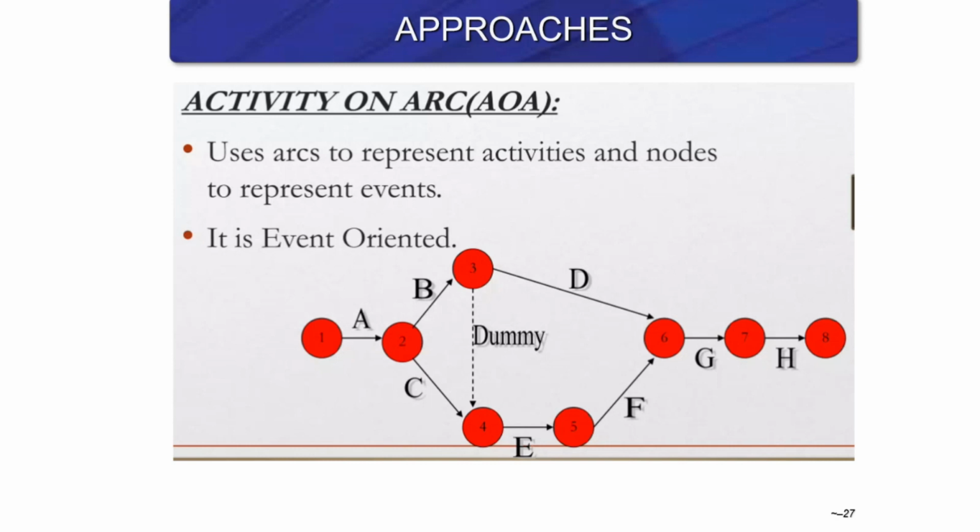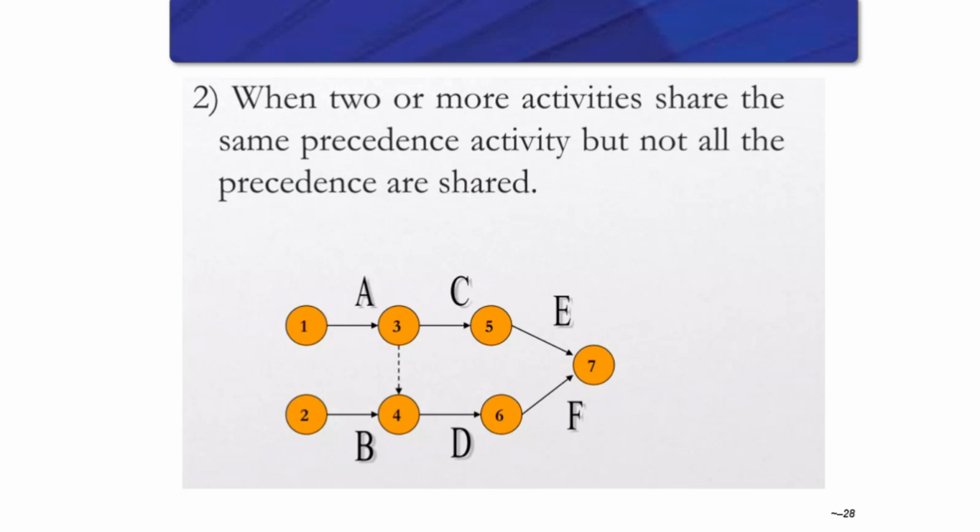There may be some events created, not realistic events, but they help maintain this path. They are called dummy nodes. And here is another illustration. When two or more activities share the same precedence, not all the precedents are shared. Anyway, this just shows you the relationship between different nodes, and each node represents a task.